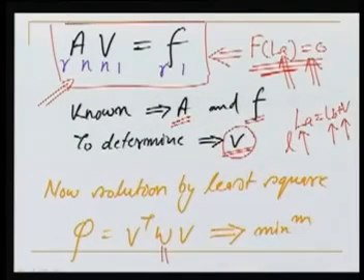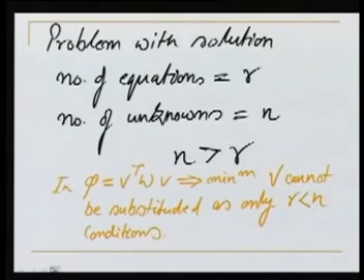Now how do we find it? We make use of the principle of least squares, and over here I am also including the stochastic model. The principle of least squares says that V transpose WV should be minimum, isn't it? So this is what we'll try to do now, but there is a problem here.